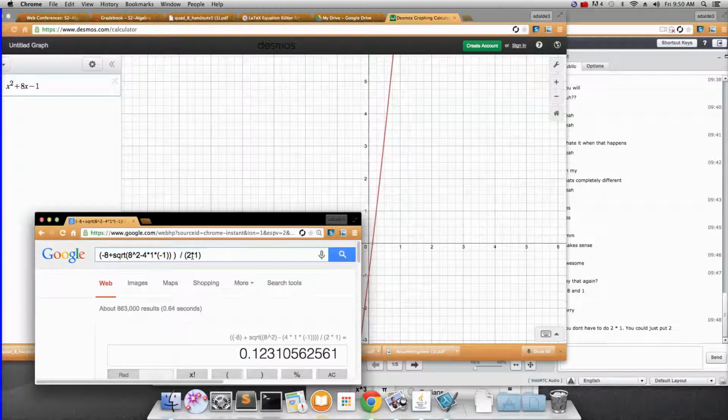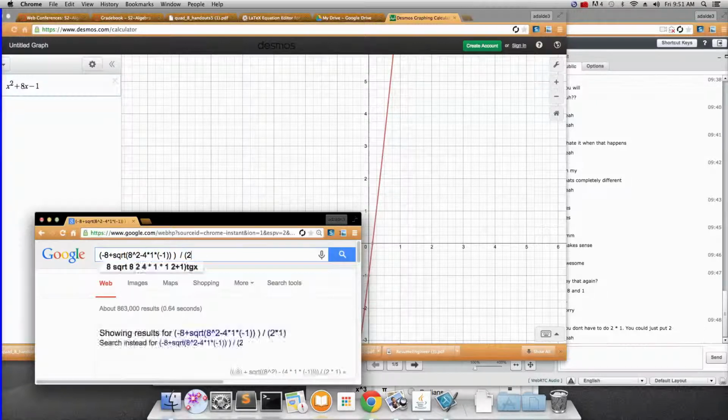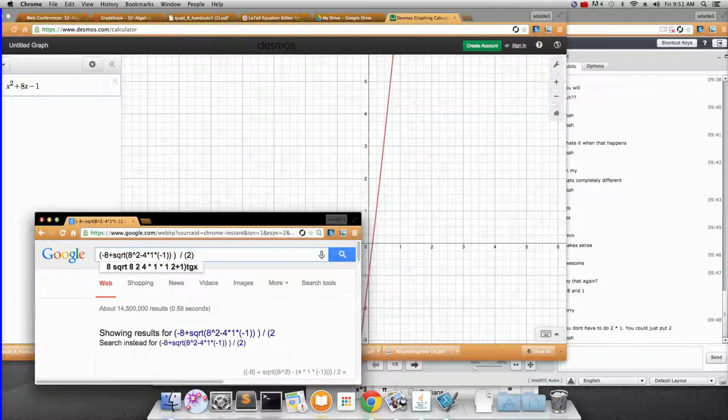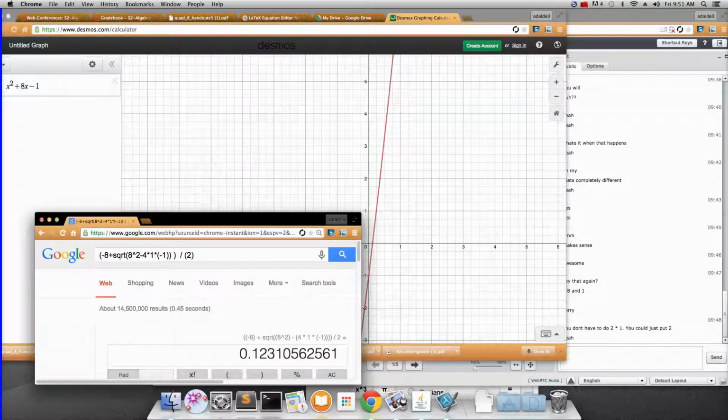But remember, the quadratic equation has the 2a on the bottom. And in this case, specifically, a was 1. So that's not always going to be the case. A could be some other number. But in this case, A was 1. So yeah, it would give you the same answer if you just deleted that 1 over there. See, it's still 0.123. Are we cool?